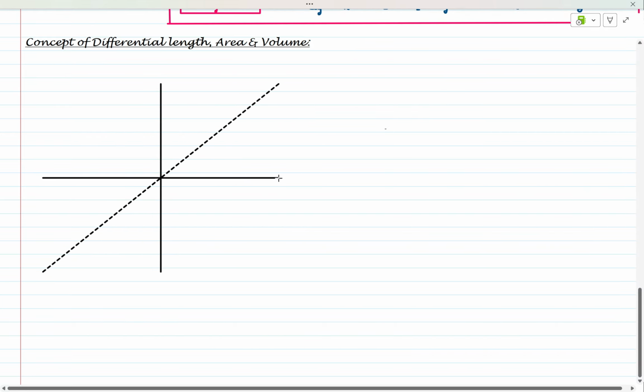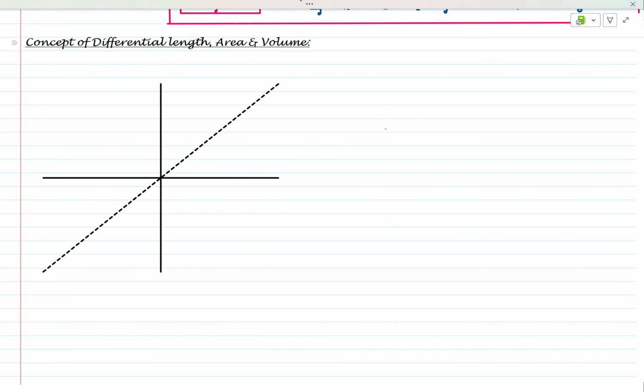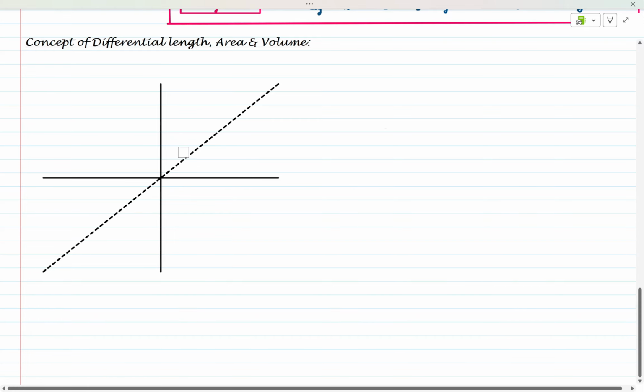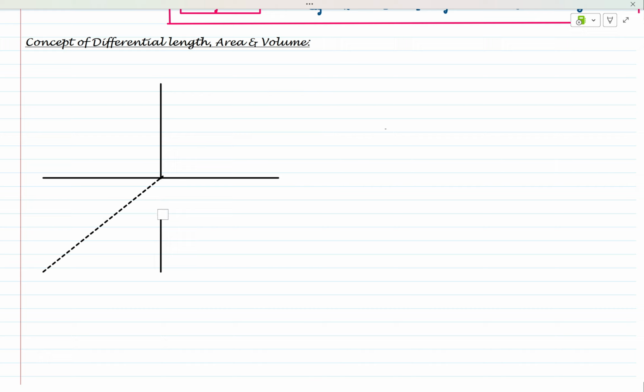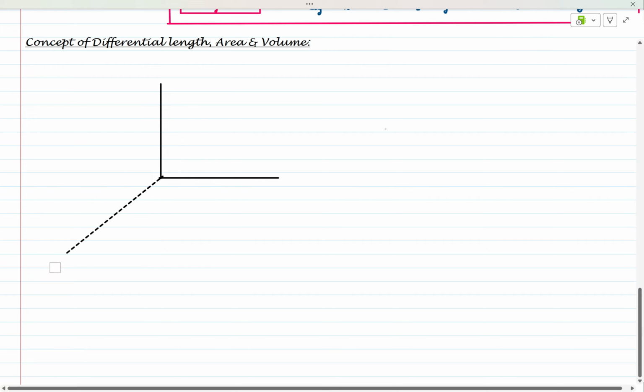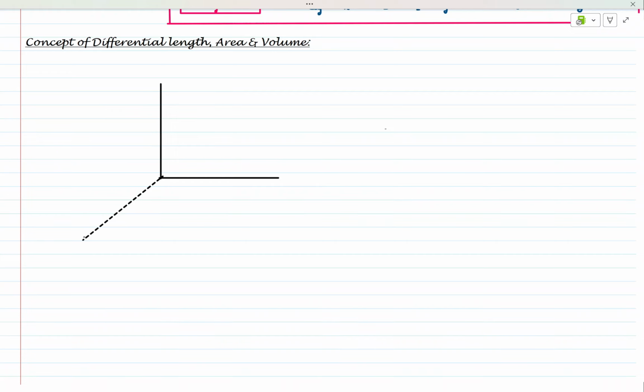See, this is a three-dimensional vector space, also known as the Cartesian coordinate system. The Cartesian coordinate system can also be known as an XYZ coordinate system.